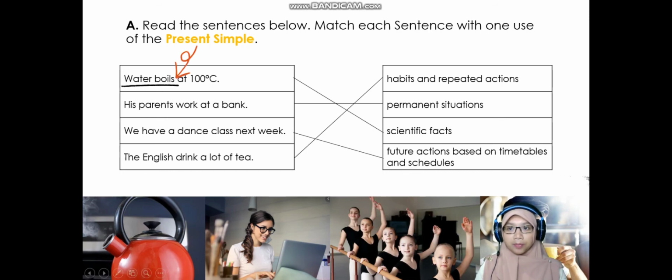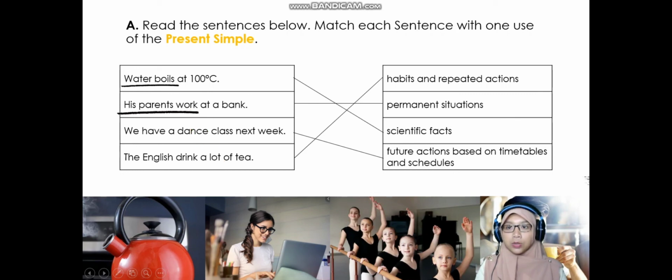Tengok sini, s. Water, singular. Boils, dia tambah s. Tapi kalau plural, if it's plural, you don't put s. Contohnya macam ni, his parents plural kan, verb dia tak ada s. Work, his parents work. Water, boils.